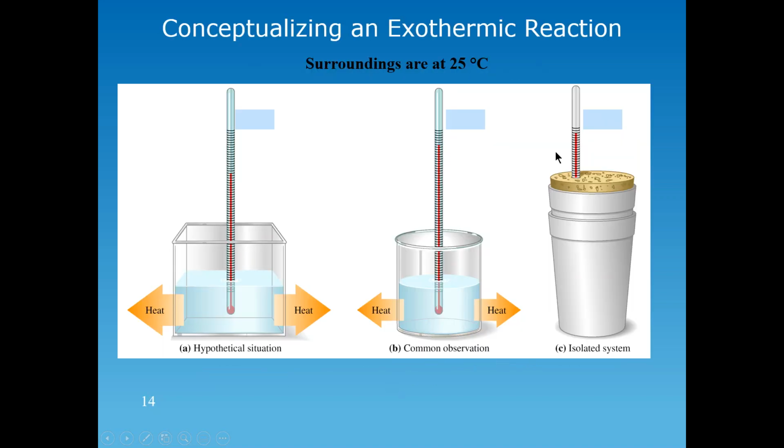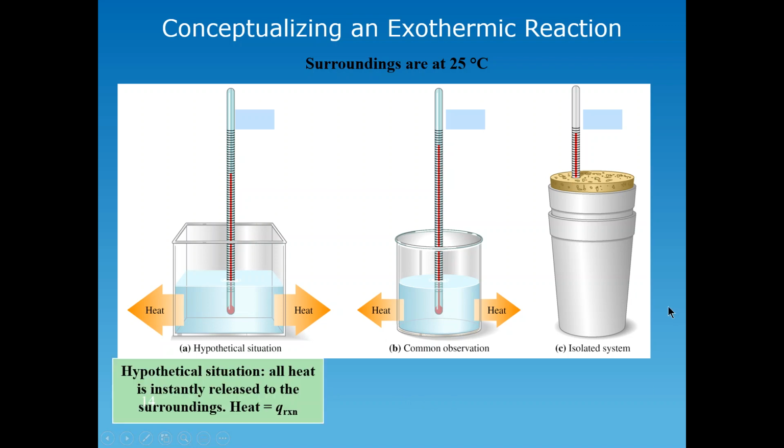Okay, so what we're looking at here is some hypothetical examples of what happens in different systems for an exothermic reaction. And if you understand this, then you should be able to predict what will happen in the case of an endothermic reaction. All right, so here we have a purely hypothetical situation where all the heat that is generated in an exothermic reaction in this vessel escapes into the atmosphere or into the surroundings, right?